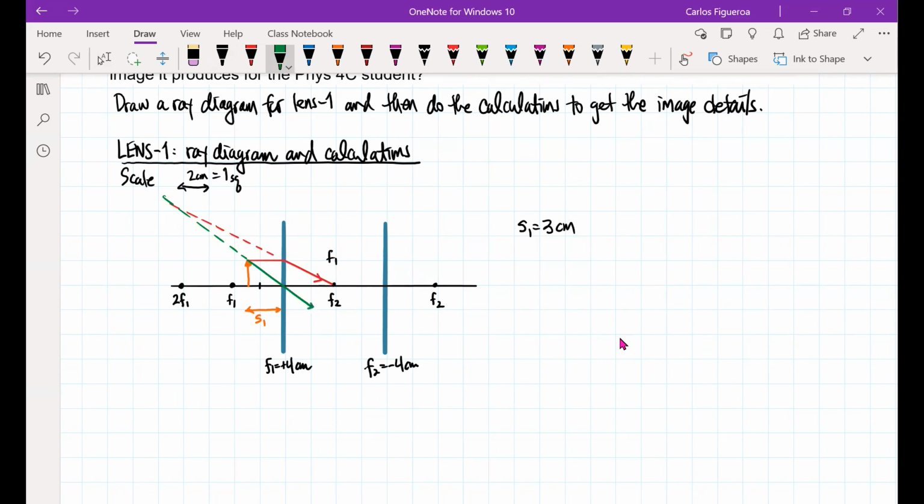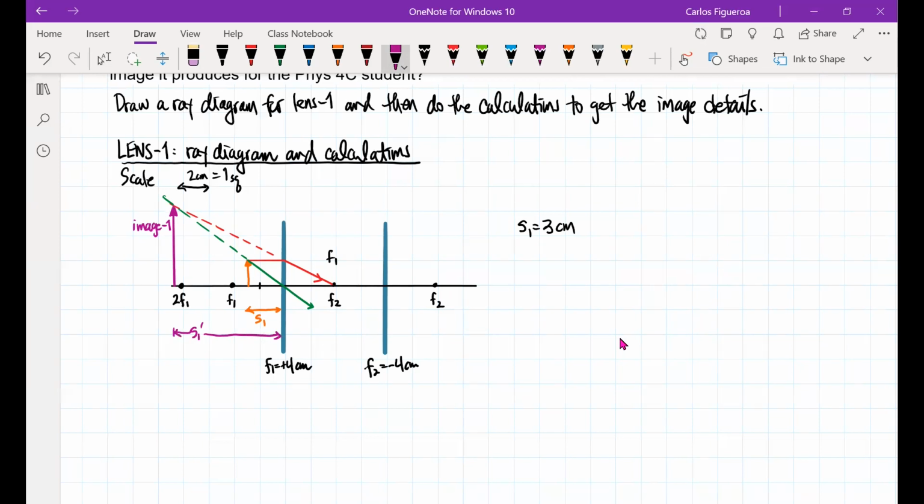What you're seeing here is where those two rays cross. It looks like they cross about right here, and this now is my image. So this is image 1, and this distance is S1 prime.